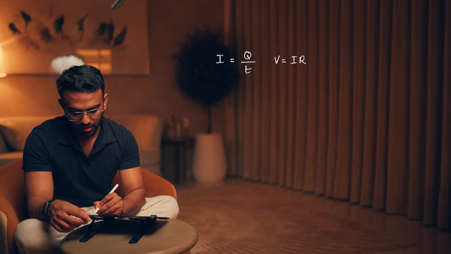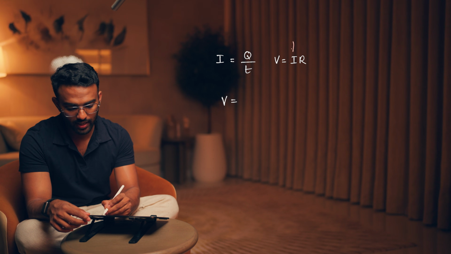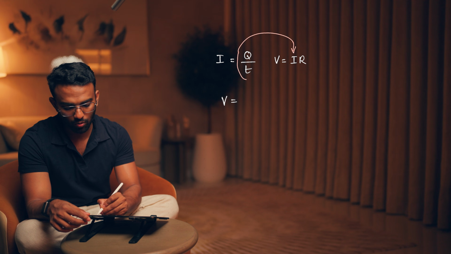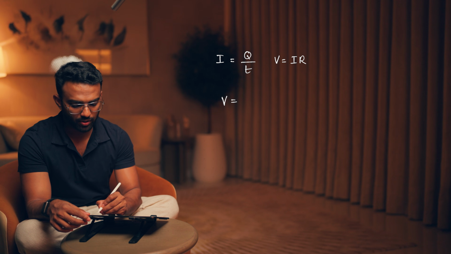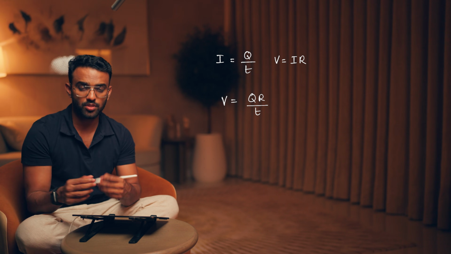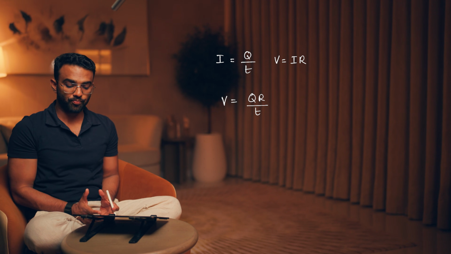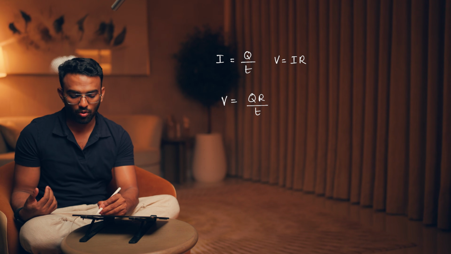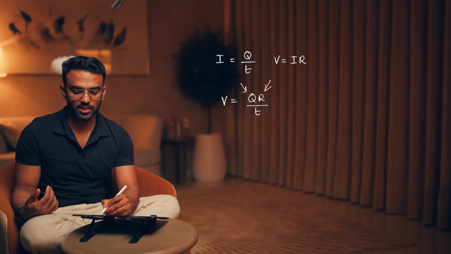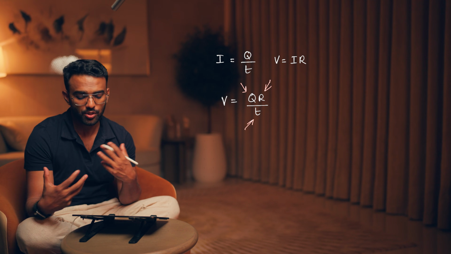So we can have V equals, and instead of this I here, I'm going to replace the whole of Q by T there. So what are we going to get? QR divided by T. So this is also a formula for you guys to work out voltage, provided the charge is given, the resistance is given, and T is also given to us. So this is something to keep in mind.